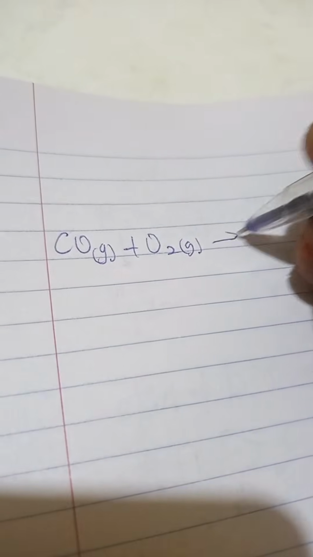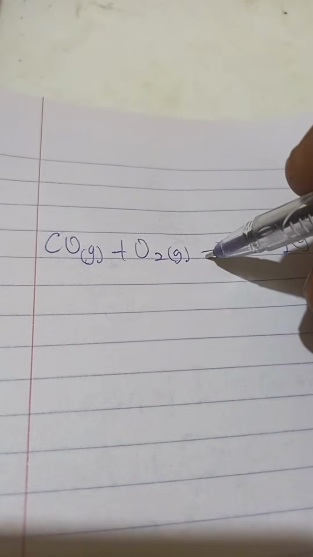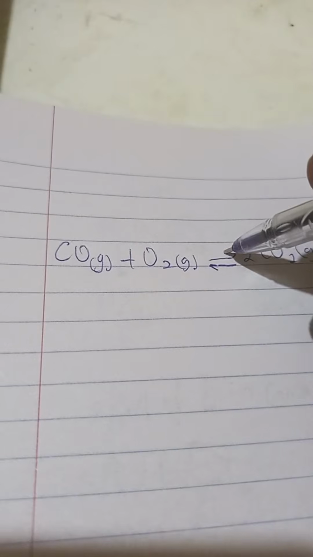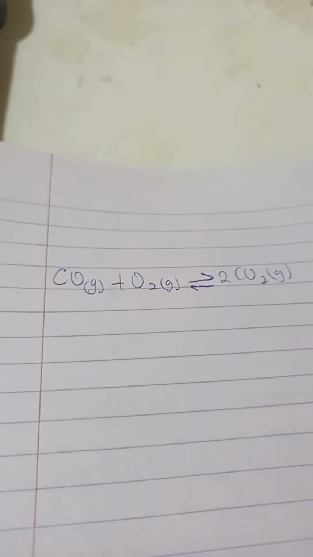So you have CO gas plus O2 gas produce 2CO2 gas. Answer this question. Which direction will be favored if the concentration of oxygen is reduced? Answer the question.